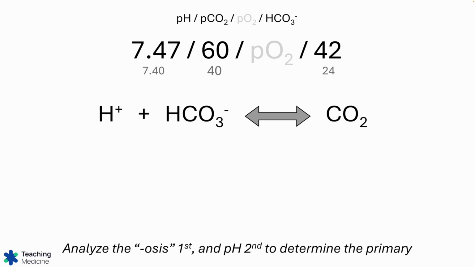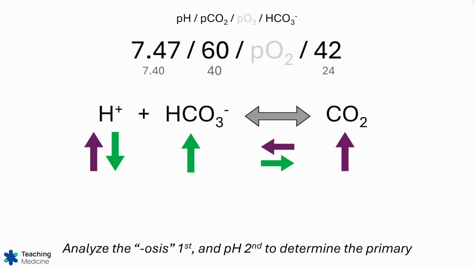Next example, pH 7.47, CO2 of 60, bicarb of 42. CO2 is up, shift left, increase your hydrogen. Bicarb is up, shift right, drop your hydrogen. Look at the pH, it's greater than 7.45, so now we have alkalemia.